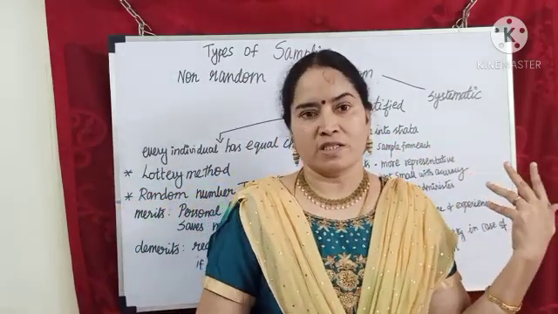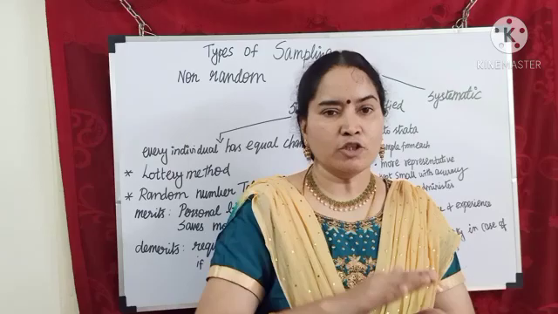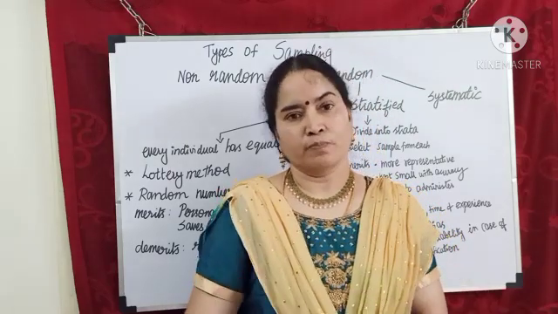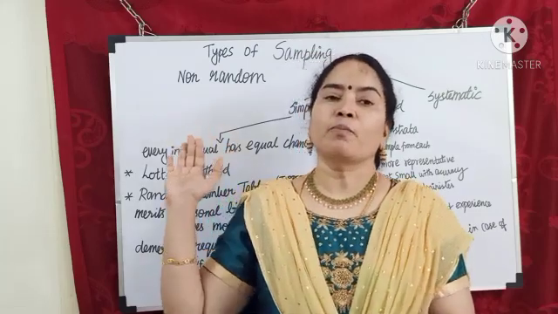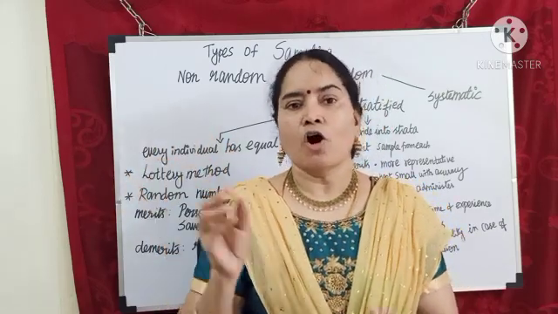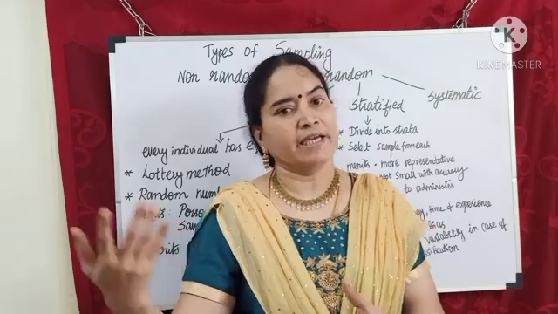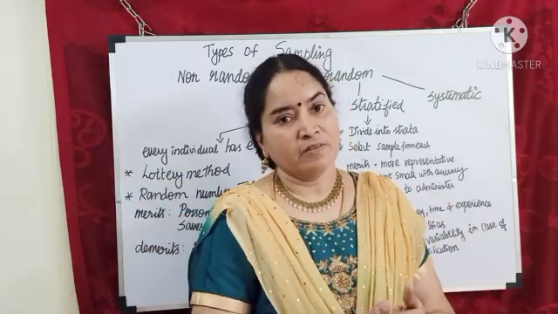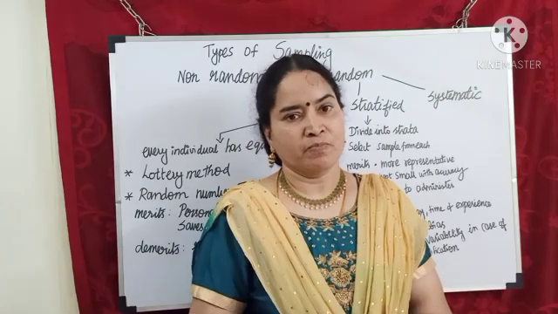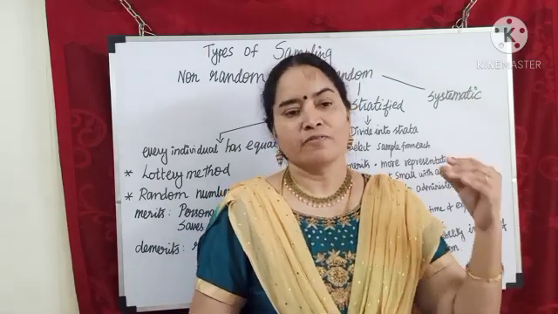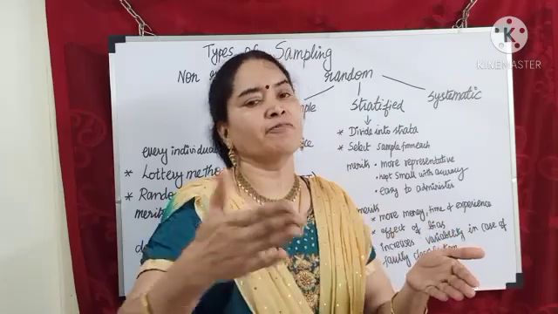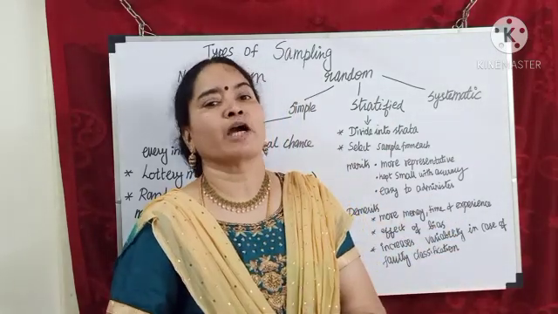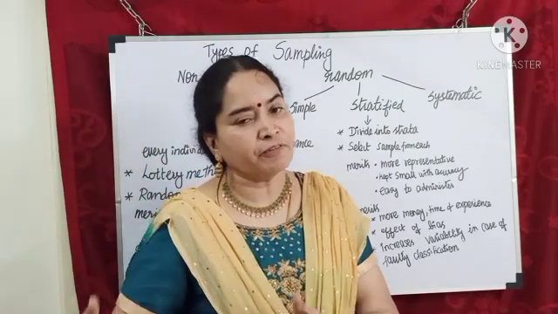If I don't do this, if they are of various age groups, I cannot simply say there are 50 in front, I want 10. No, I can do it only when the population is identical. All are age group 15. Then I can do simple random sampling. But when age groups are different, when production levels are different, when the ideas are different, we definitely need to classify them according to age or according to levels or according to production or according to efficiency.